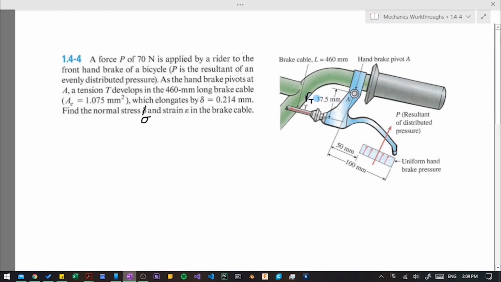I'm going to call this one RT because it is the distance to A that the tension T is acting on. And this one over here I'm going to call RP, and since it is a resultant force of the evenly distributed pressure, it will be halfway in between 50 millimeters and 100 millimeters. And so this one is 75 millimeters away from point A.